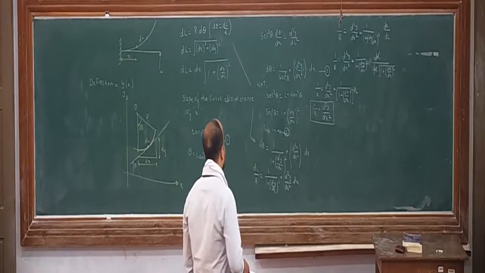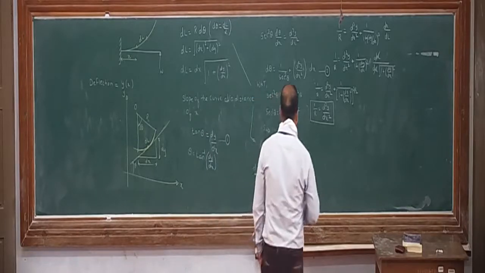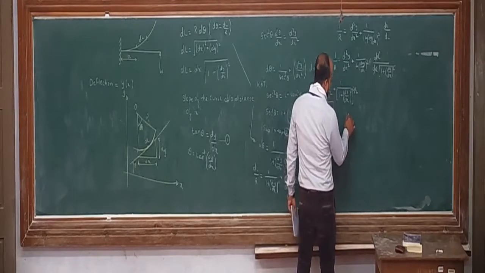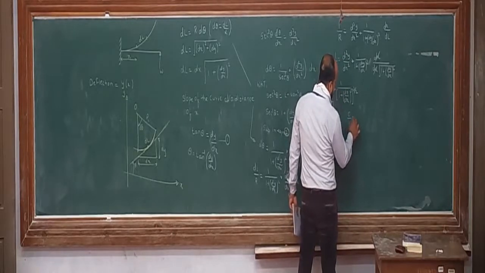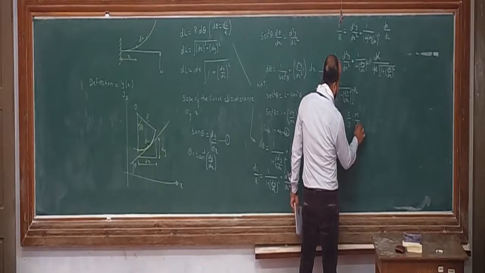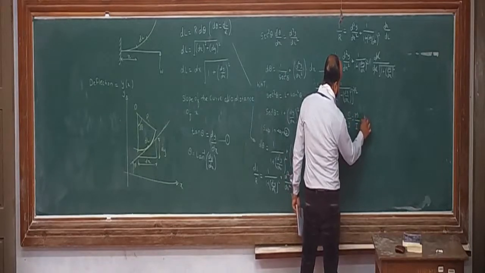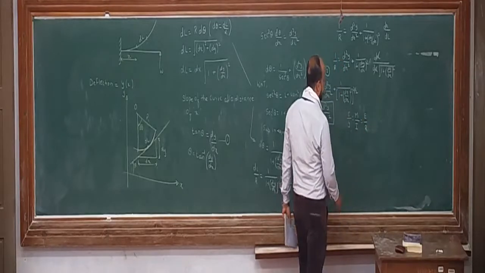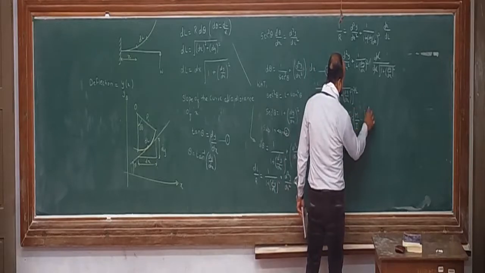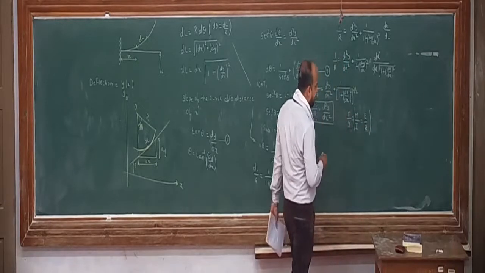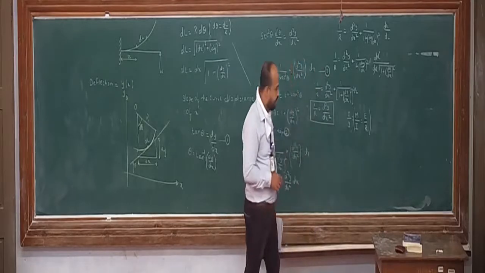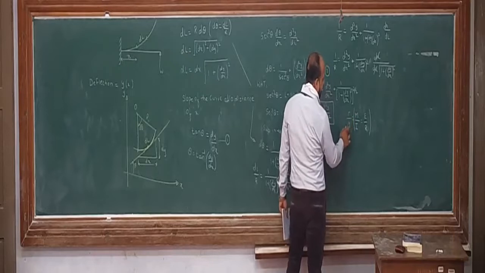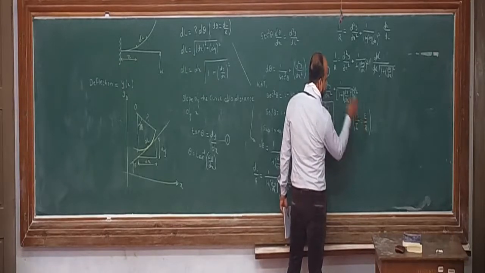Also, we know that sigma by y is equal to M by I is equal to E by R. So suppose here the deflection is a curve which will be associated with the bending, which will happen due to bending moment. So this I will consider.